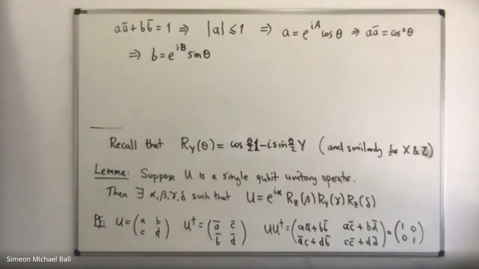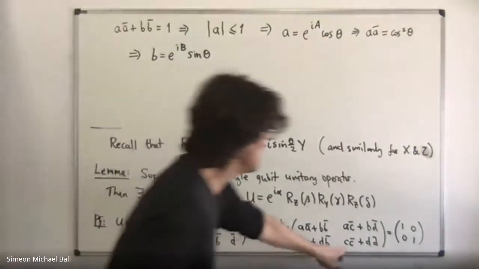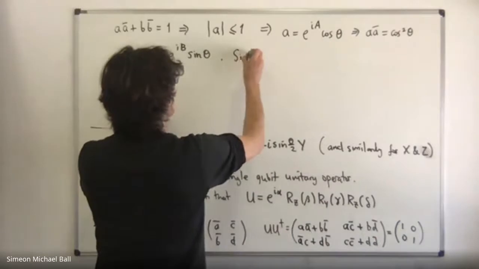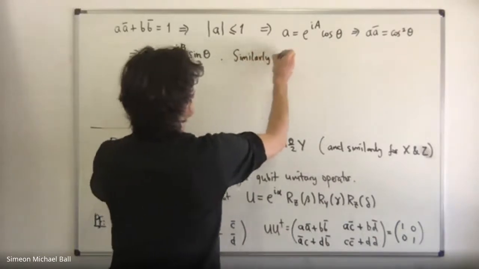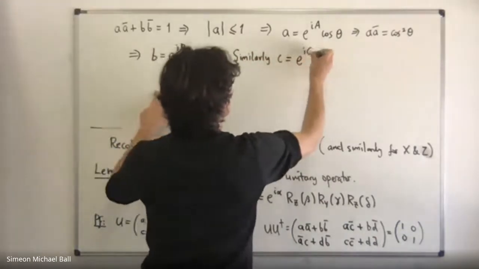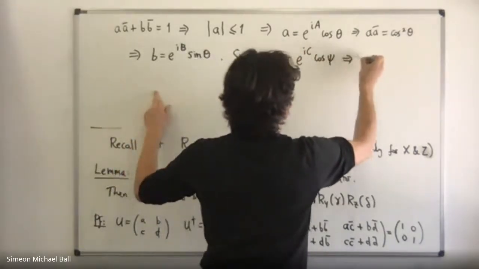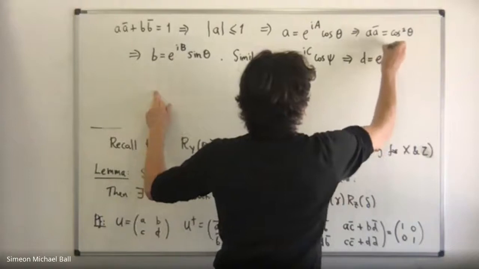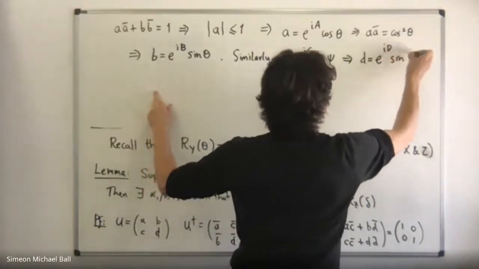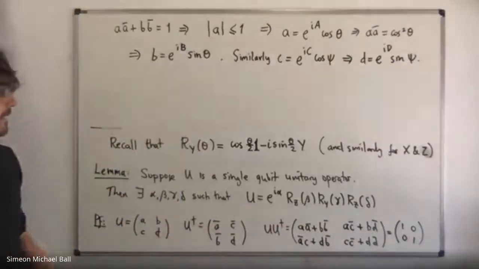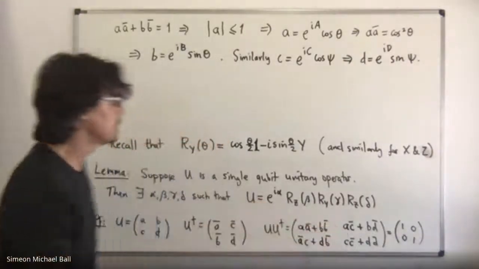And similarly, for the C and D down here, C squared plus D squared being equal to 1, C is going to be e to the iC cosine of some angle, which implies that D must be e to the iD sine of that angle. So that deals with the 1 and the 1.